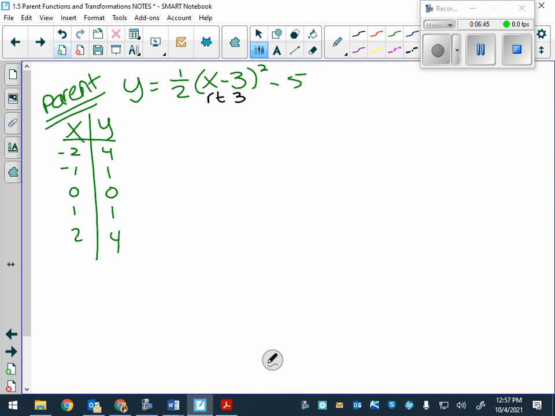Add, subtract, multiply. What's happening? Yep. Good. So if I am adding 3 to x, what's -2 plus 3? What do we have? -1 plus 3. 0 plus 3.